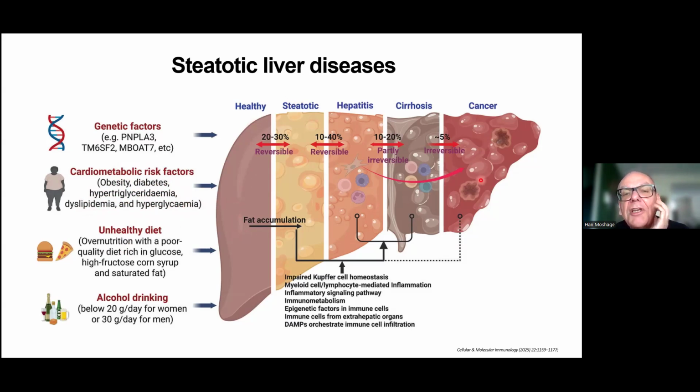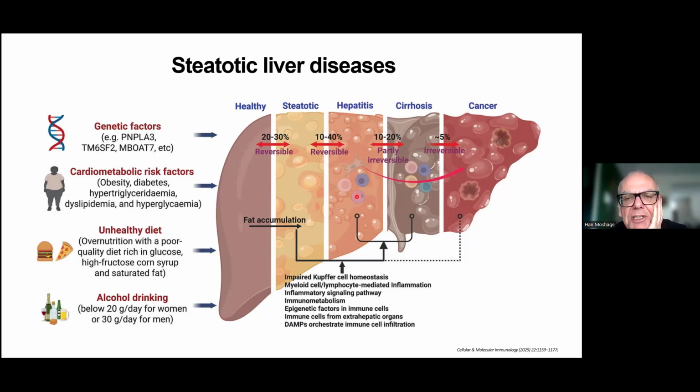Again, we have different stages. So fatty liver diseases, we have about 30% of the general population which is in this stage, fatty liver. And of this stage, a part will continue to develop chronic inflammation.